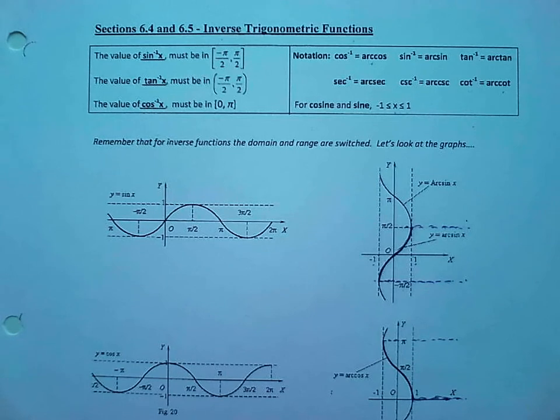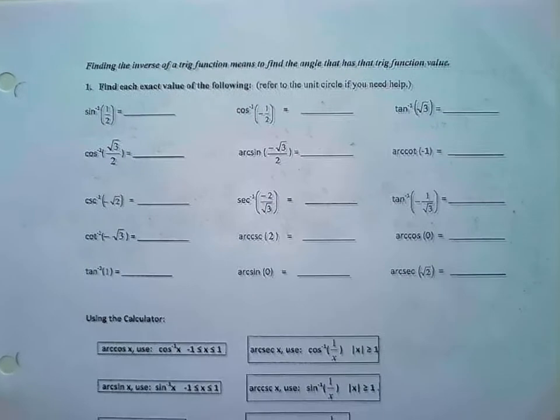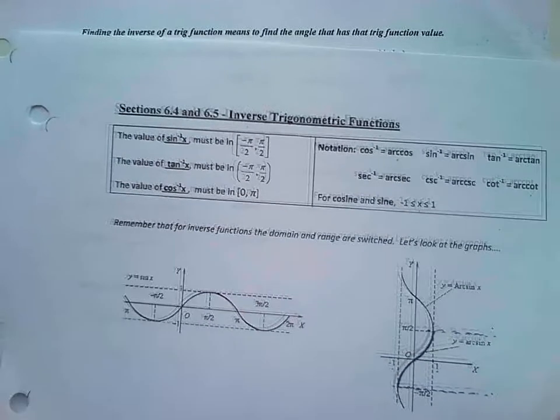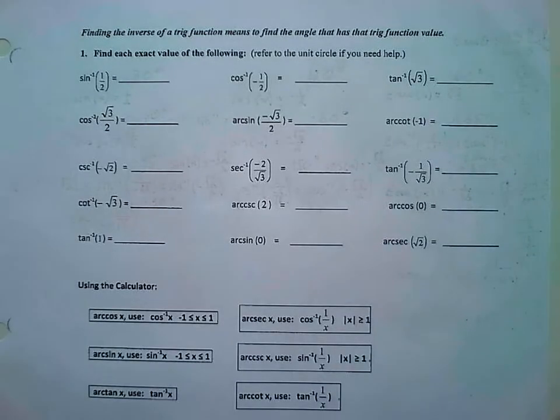But let's go ahead and apply some of this stuff. If we go on to the next page of the notes, we see this stuff right here. And the page that I just put away, I'm going to kind of keep it handy because I'm going to keep referring back to it as we go through this lecture. And I suggest that you do the same.